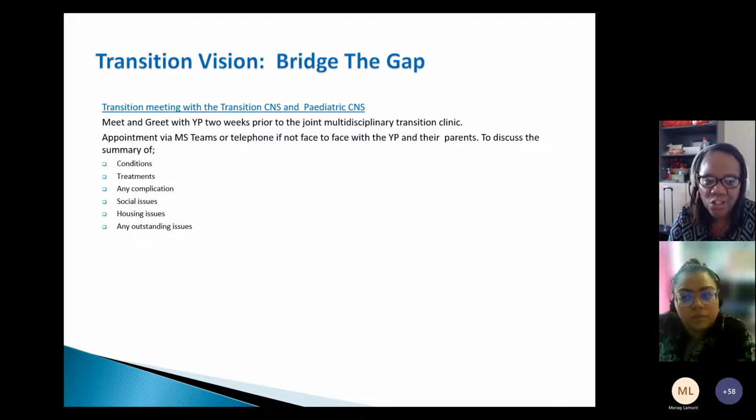And again, it's talking about conditions, their treatment, any complications, any social issues, housing issues, anything that's outstanding, that we can then bring back to the transition clinic when we do the combined one. And hopefully we could do this on MS Teams or the video link.